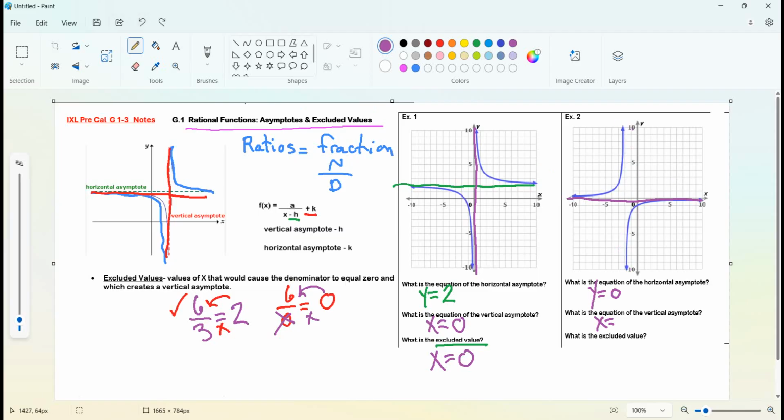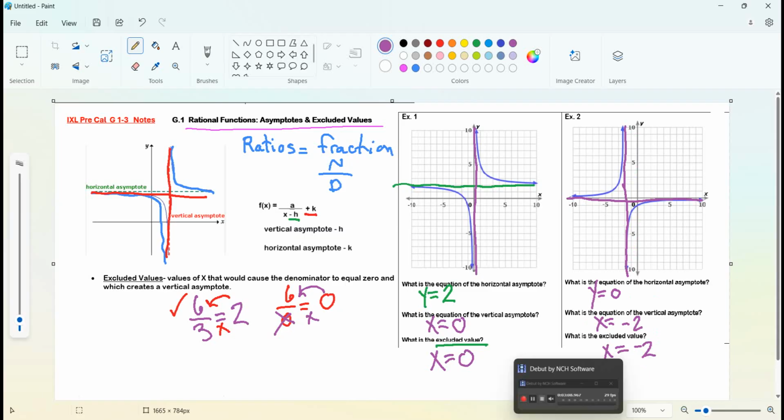Let me try again. Never said I was an artist. And that's going to be at -2. So where x is -2, that's where you can find that asymptote. Excluded value is going to be the same thing. When x is -2, and whatever equation that is, it's going to zero out the denominator and it's going to cause that break in the graph.